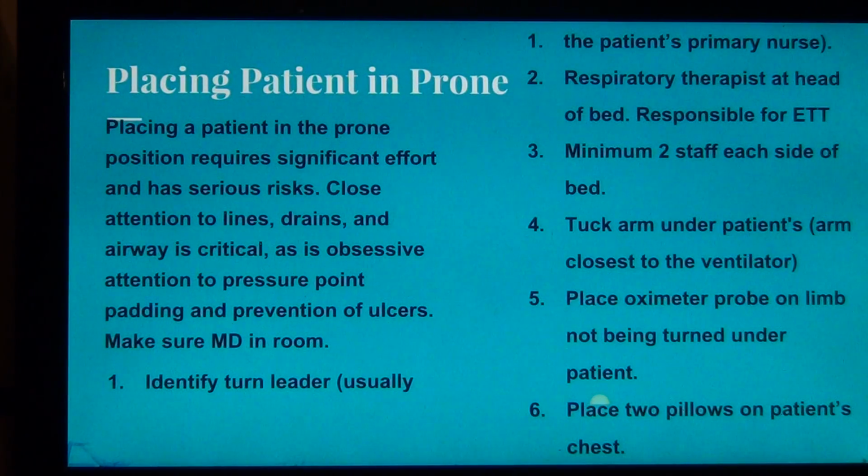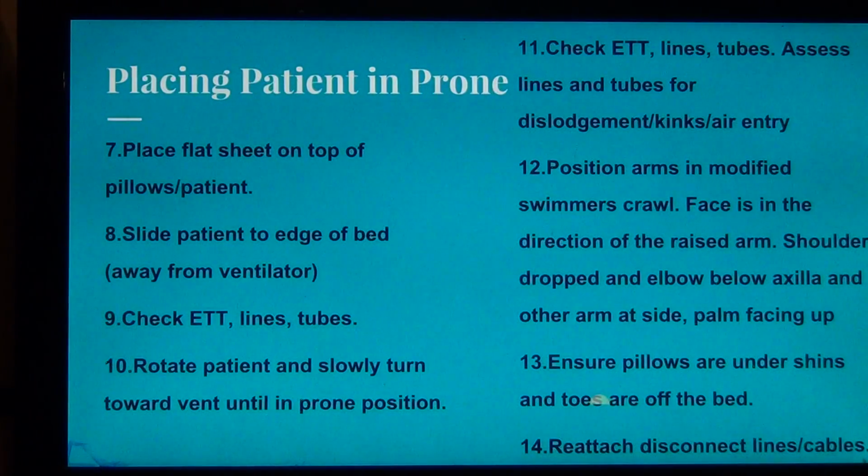Minimum 2 staff each side of the bed. Tuck arms under the patient. Place a pulse oximeter probe on a limb not being turned under the patient. Place 2 pillows on the patient's chest. That's to help with sores, so they don't get pressure sores. Place a flat sheet on top of the pillows.